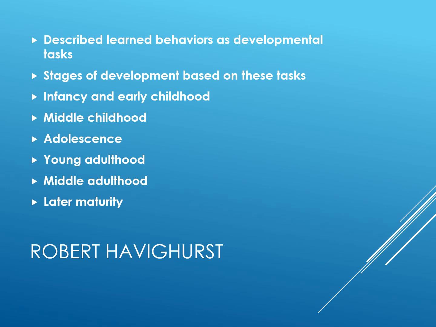So the stages of developmental tasks are divided into categories according to different age groups. So we have infancy and childhood, middle childhood, adolescence, young adulthood, middle adulthood, and later maturity.